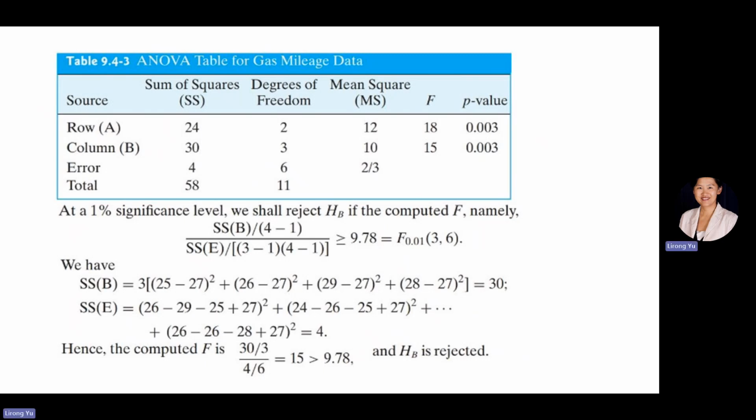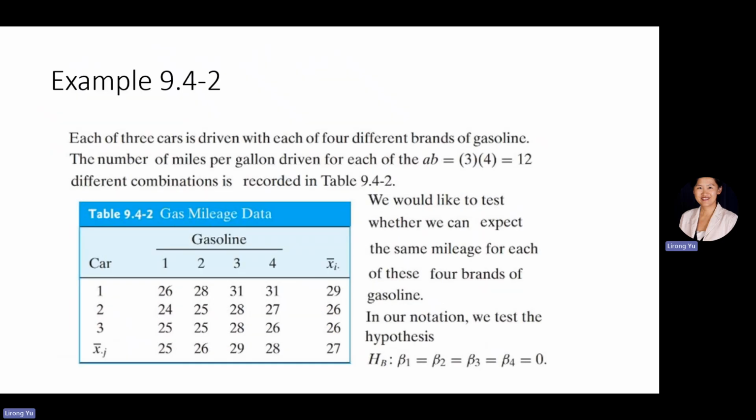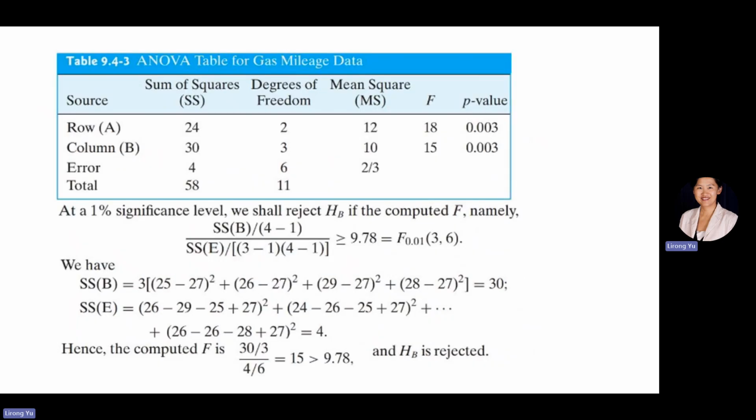So this is really the summation squared there. So the SSE is a little bit harder to calculate since we have individual data minus this, plus this, and the 28 minus 26, minus 29, and plus 27. And we have to do it for all 12 of them. Summation squared. And that is giving us a 4.